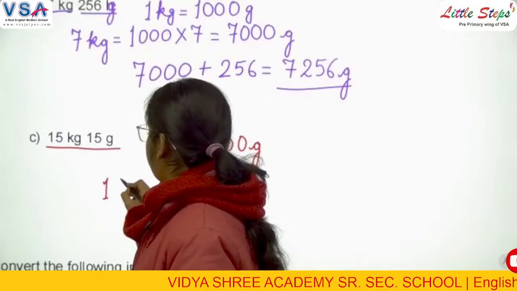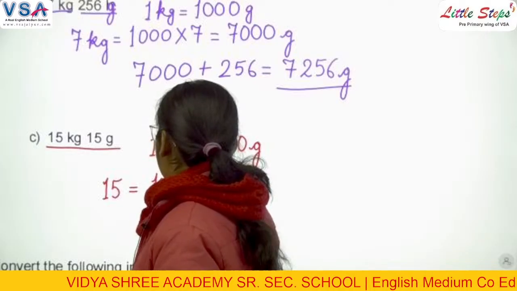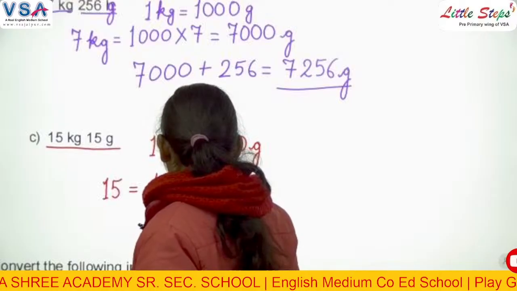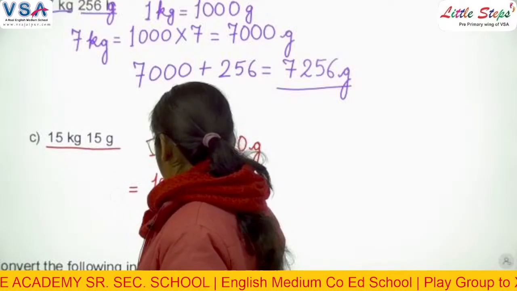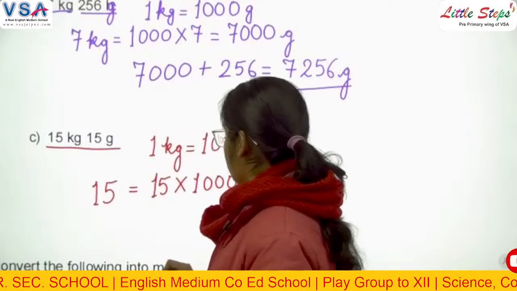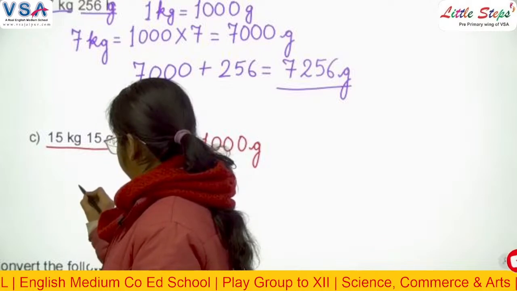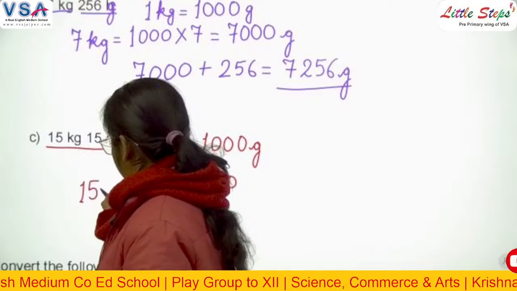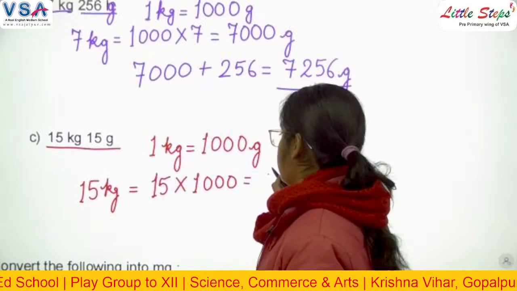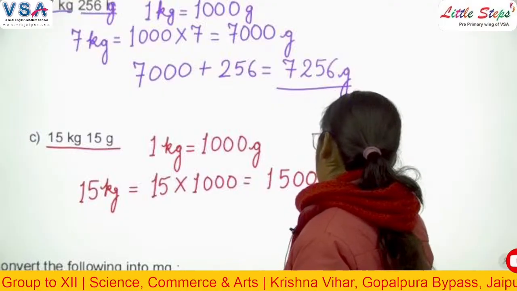So 15 kg means 15 multiplied by 1000, that will be 15,000 grams.